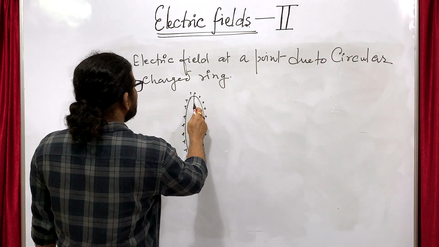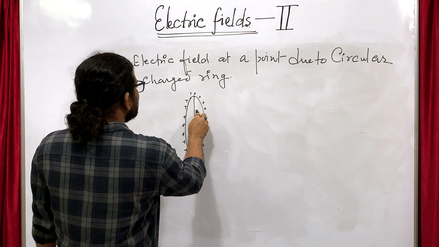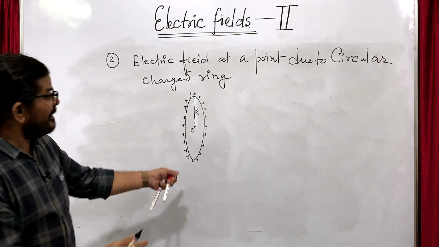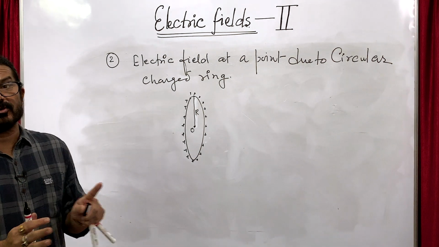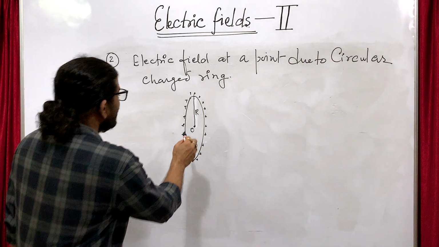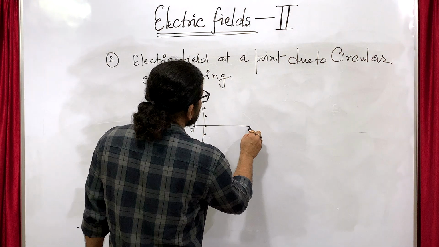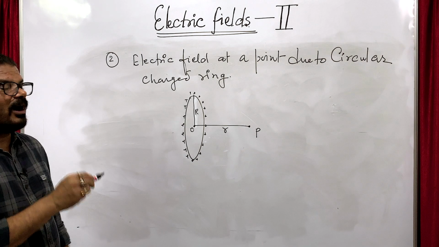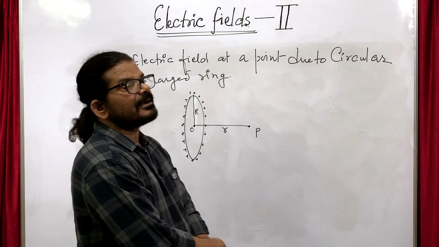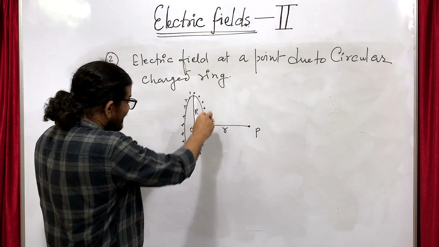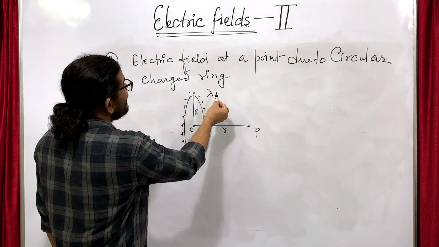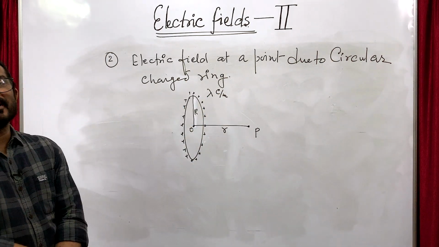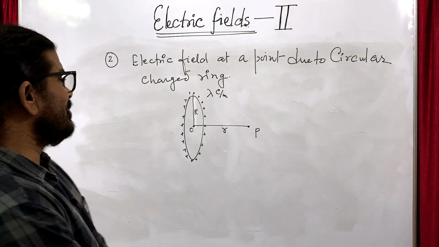O is the center, radius is r, and the plane of the whiteboard and the plane of the ring are mutually perpendicular. Now I am taking here a point P at a distance r where you want to calculate the electric field due to this linear charge distribution. Here also lambda coulomb per meter is the linear charge distribution.